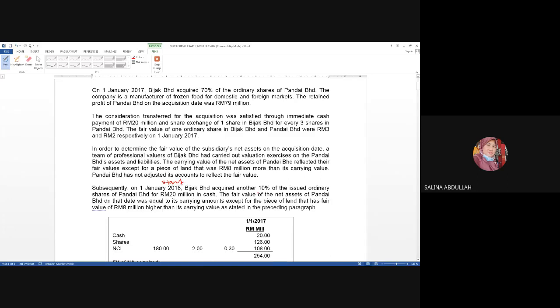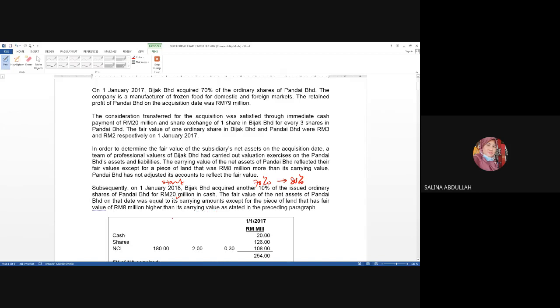So at the start of the accounting period, there is an increase from 70% to 80% of the issued share capital. CT of 20 million ringgit is given. The fair value of the net assets of Bandai on that date was equal to its carrying value, except for a piece of land that has a fair value of 8 million higher than its carrying value.